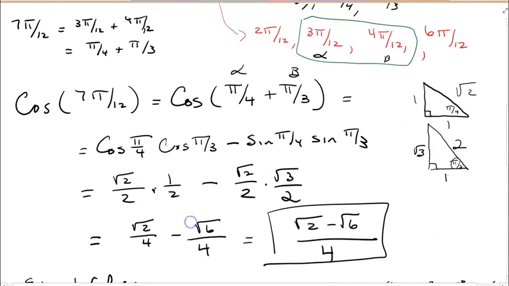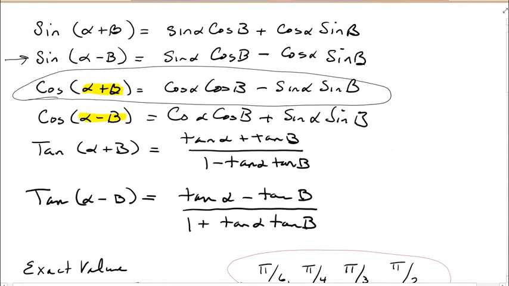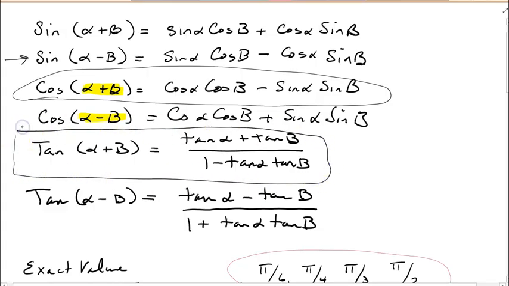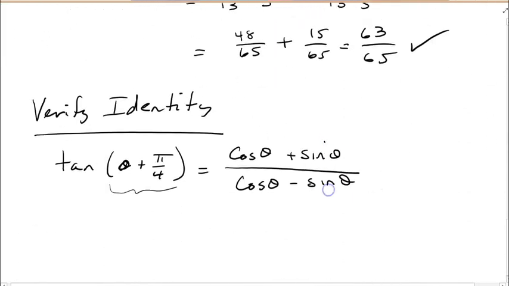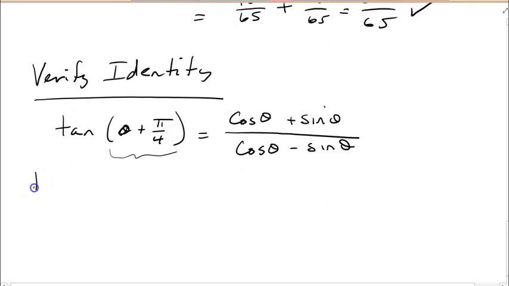Let's take a look up at our tan formula. Ooh, we have this formula right here. So what we're going to do is replace tan of alpha plus beta with tan alpha plus tan beta over 1 minus tan alpha tan beta. So we're going to have tan theta plus tan of pi over 4 over 1 minus tan theta tan of pi over 4.